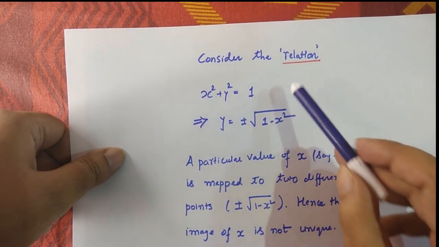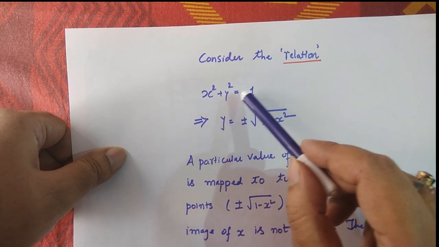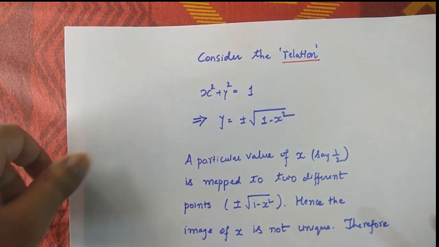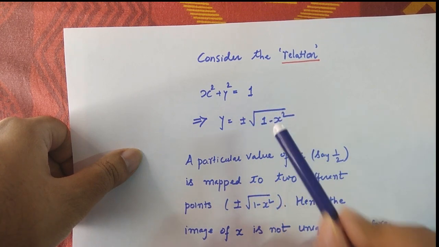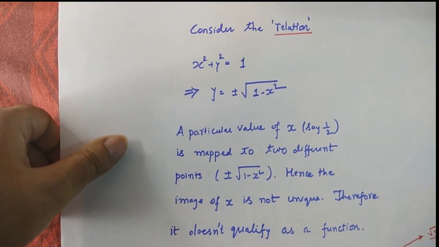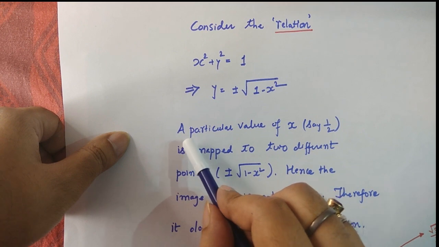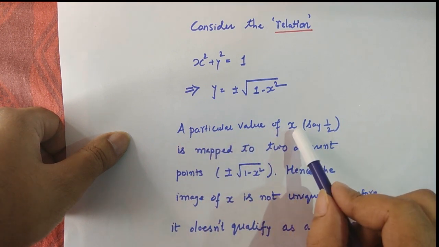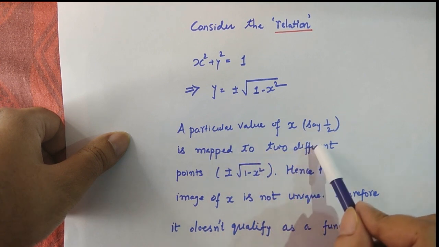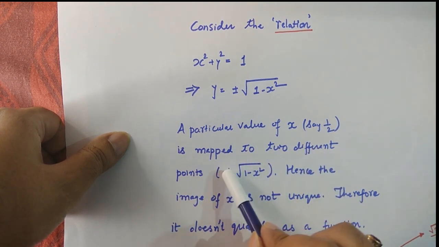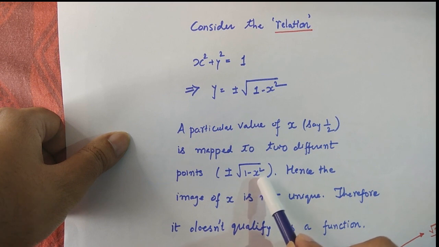Finally, let us consider the relation x square plus y square equal to 1, which implies y is equal to plus or minus under root 1 minus x square. As you can easily verify, a particular value of x, say 1 by 2, is mapped onto two different points, namely plus or minus under root 1 minus x square.